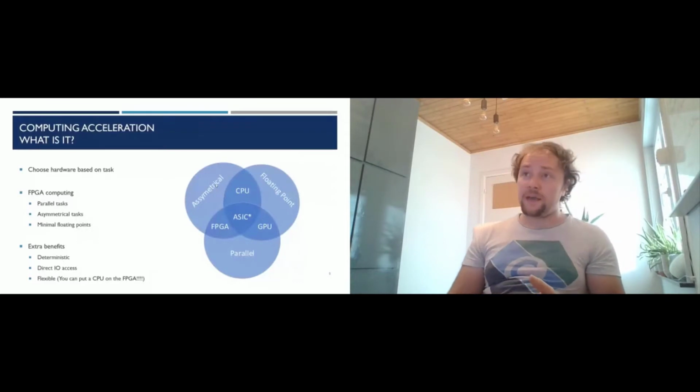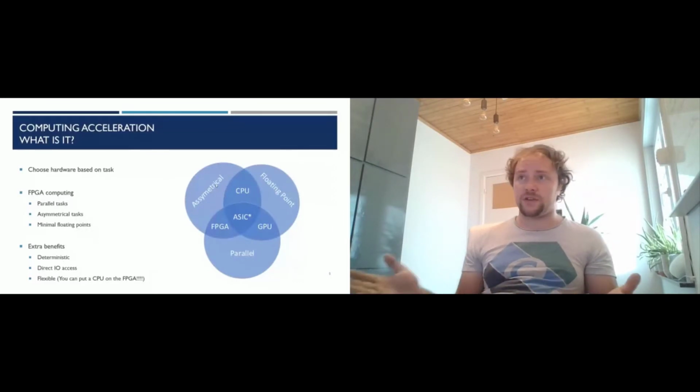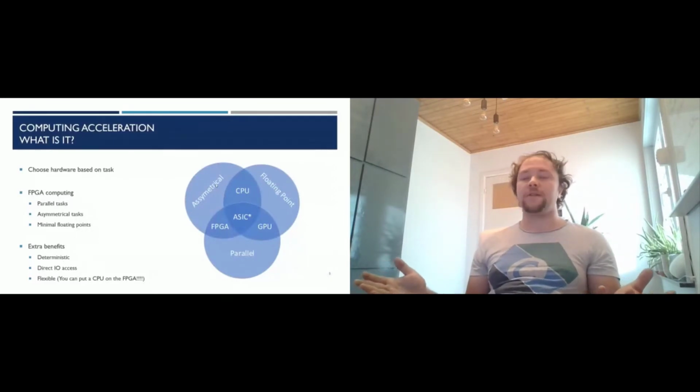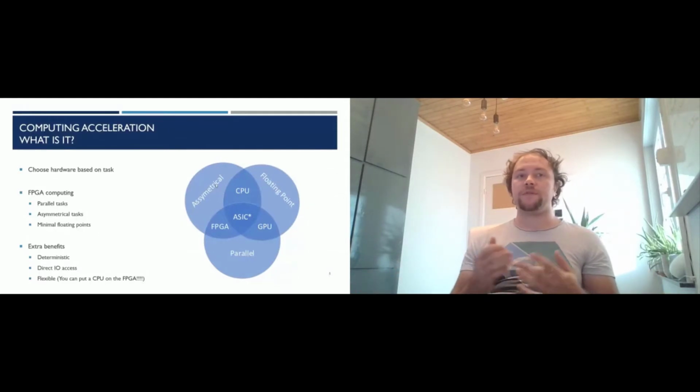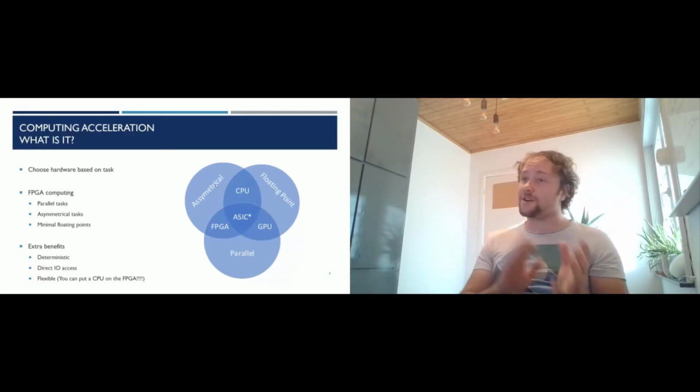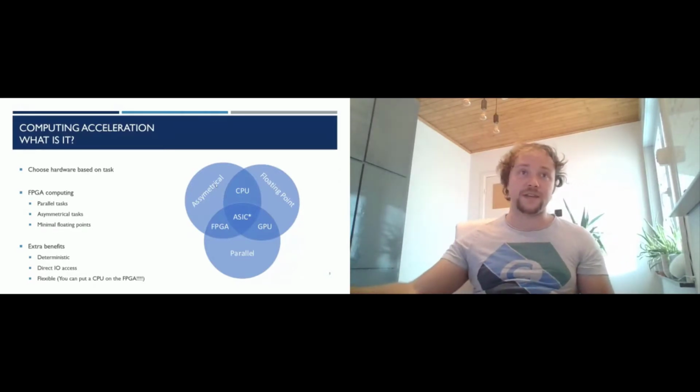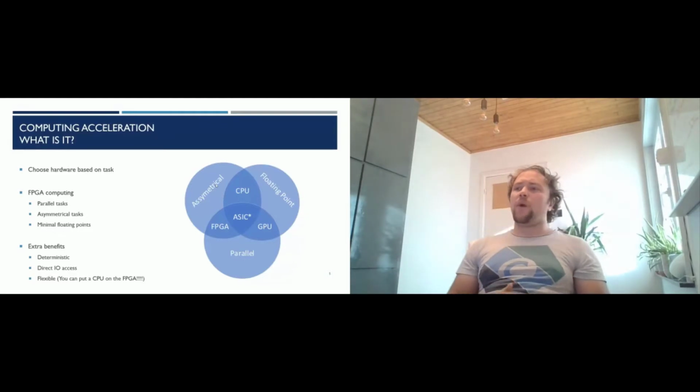And they can be really flexible. It's just programmable silicon, so you can put a CPU on the FPGA. Think of PicoBlaze or MicroBlaze. Very interesting subjects, also not within the scope of this presentation, but definitely something to look into if you're interested. Now, why would you use it?